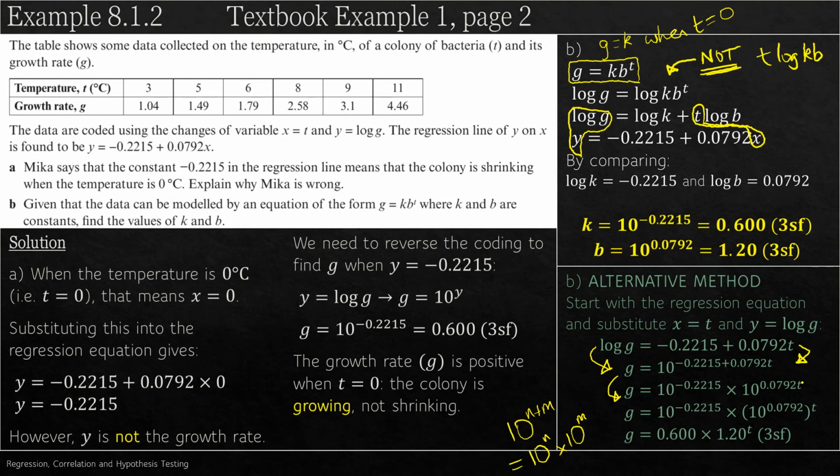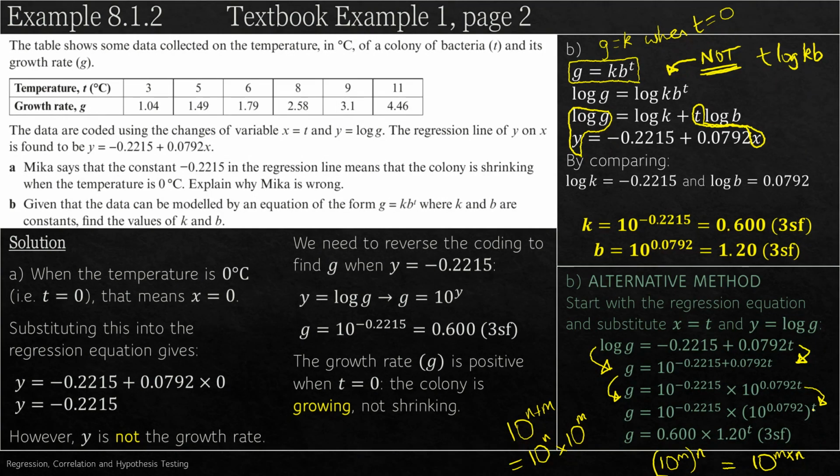And then another law of indices to get from here to here. So if you have 10 to the power m all to the power n, we can write that as 10 to the power m multiplied by n, and that's just what I've used to write it like that.